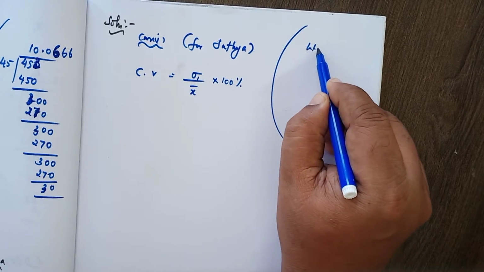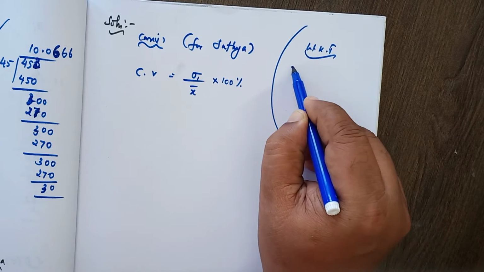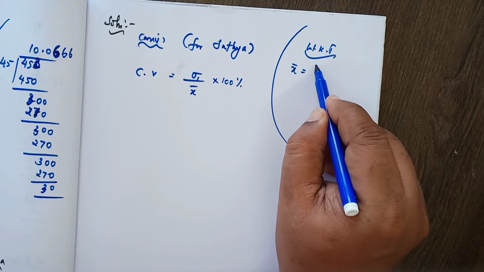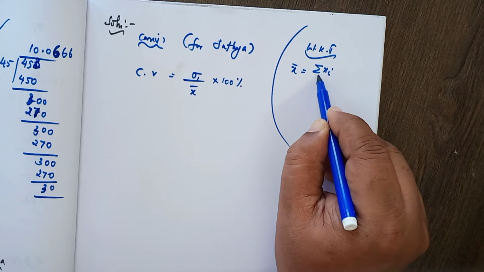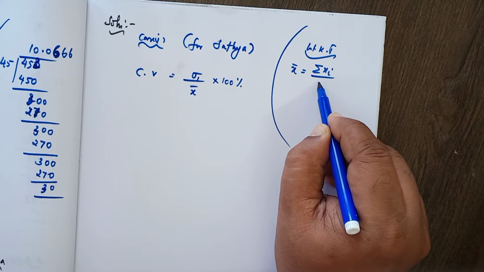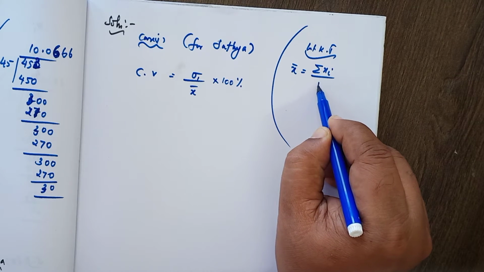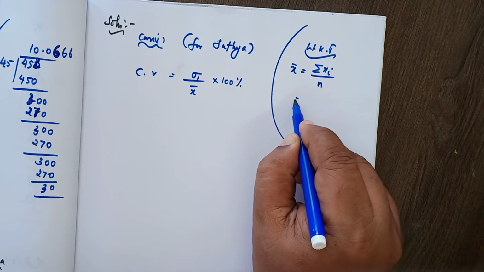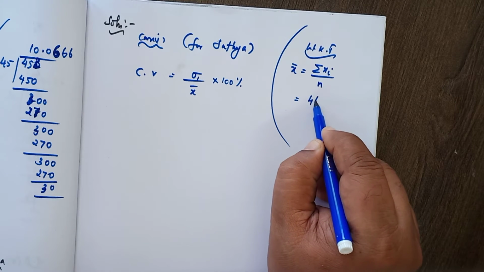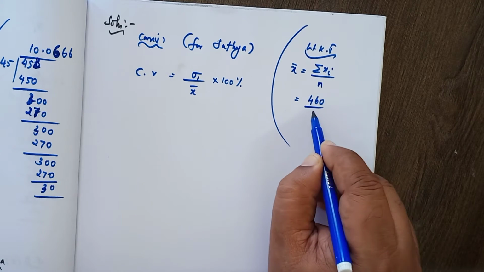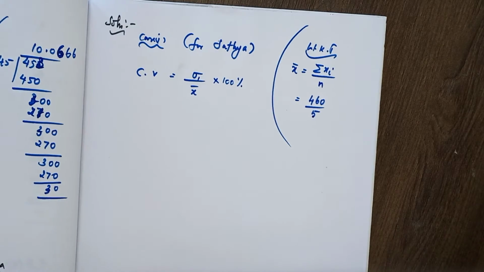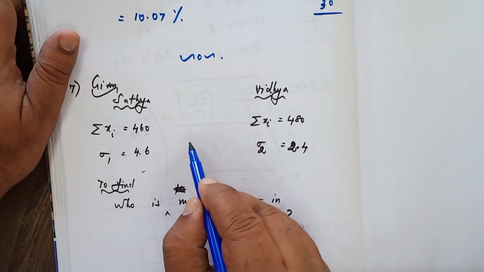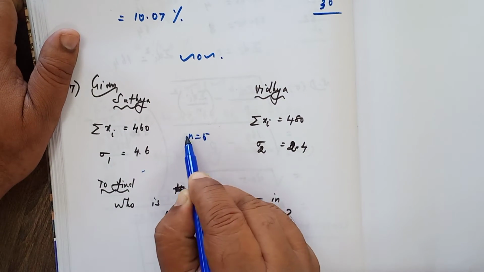We know that x bar is equal to sigma xi divided by n. Sigma xi is equal to 460 for Satya. Number of subjects 5, I write here n equals 5. That is common, 5 subjects.